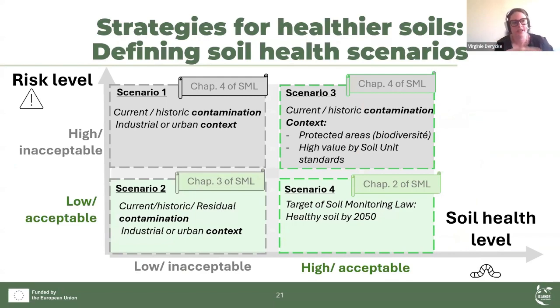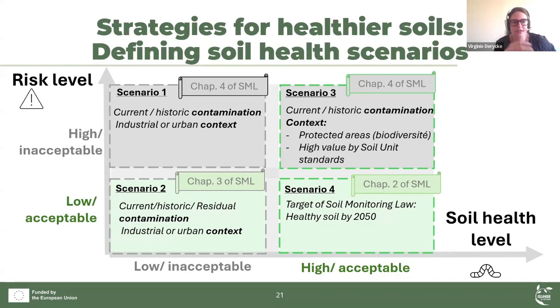We were still going on this two-level approach, soil health level and risk level, to pinpoint the context in which the compromise needs to be built, because when you have a compromise, you need extra energy. Where you have high unacceptable risk, on the top, this is the usual contaminated land management.